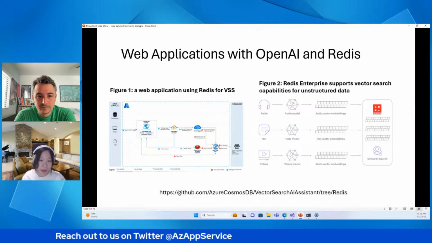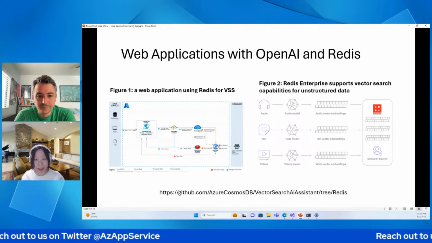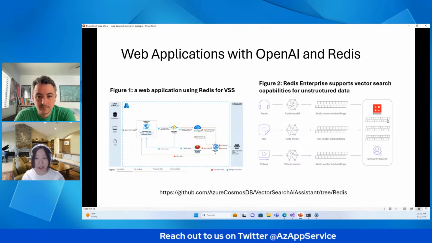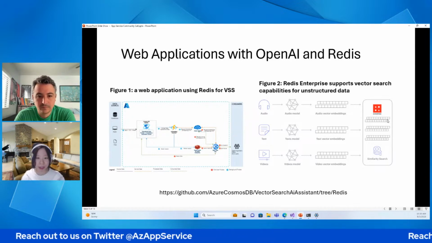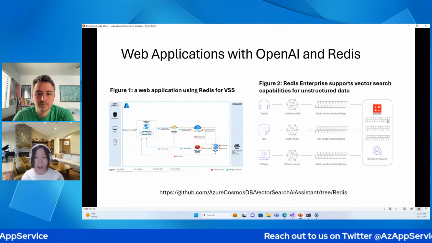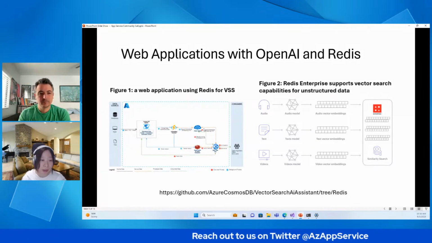In order to build this type of application, we need to transform this unstructured data into something we call vector embeddings. It's a number representation of all the unstructured data, making it really easy to search and analyze.